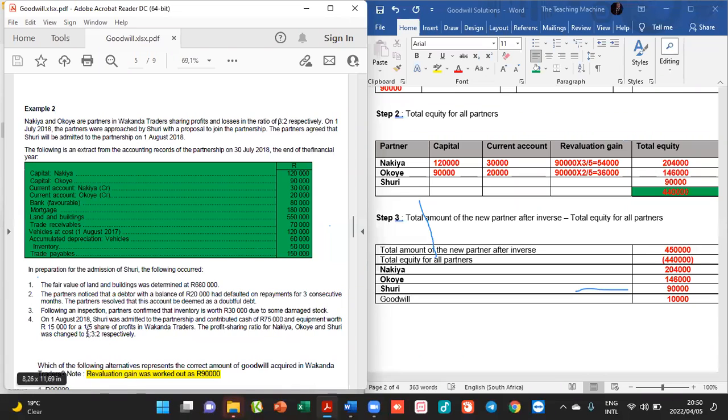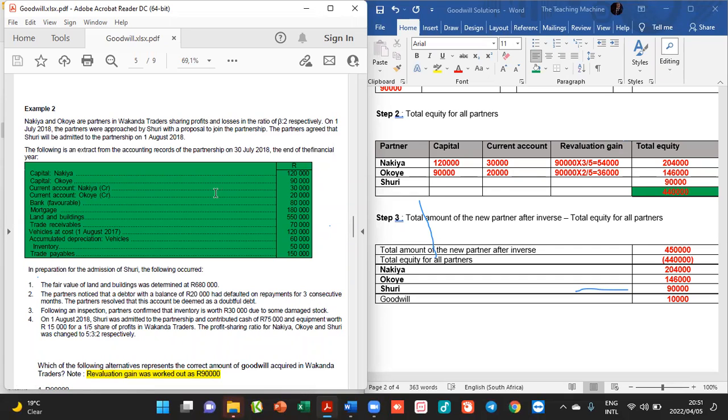Okay, this was after Shuri was admitted, but remember that Shuri will not get this revaluation gain because revaluation is made before the partner is admitted. So Shuri is just new in this business.